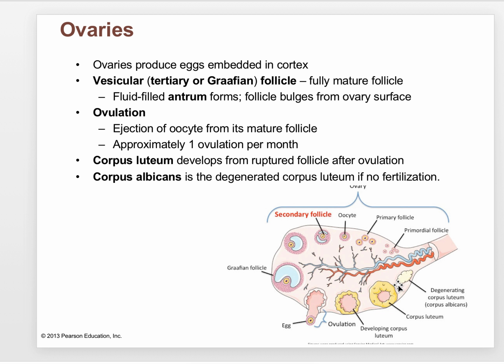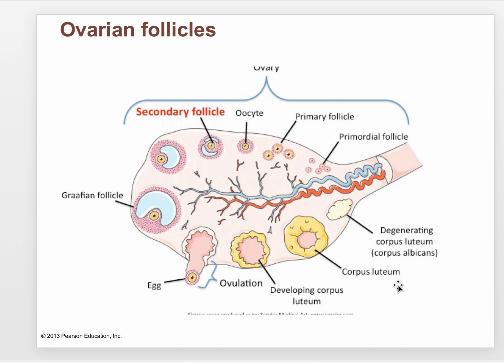This basically says the same thing. The thing to know from this slide is the progression from primordial follicle to primary follicle, to secondary follicle, to Graafian follicle, to ovulation, to corpus luteum, and eventually to corpus albicans. Another order of the stages they go through.